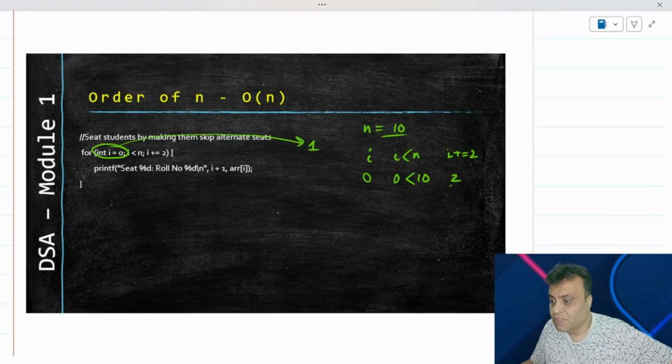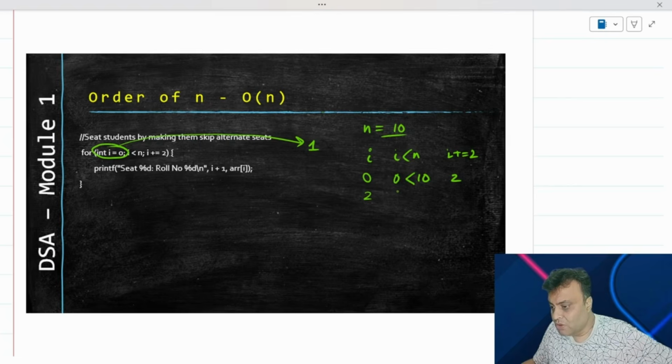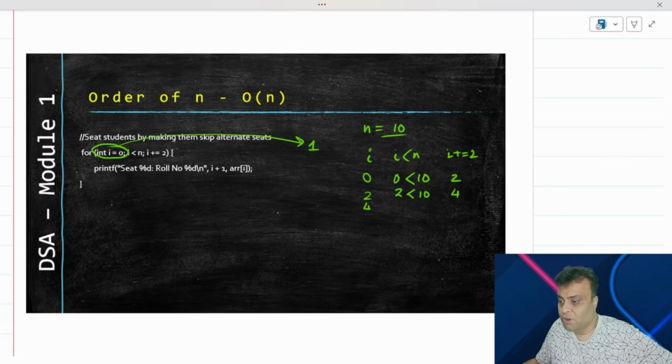So the value of i with which it will go into the second iteration is going to be 2. Now 2 will be compared with 10. That will also be true, and i will be incremented to 4. Now 4 is what we will enter the third time.